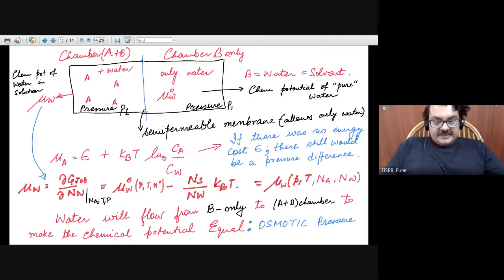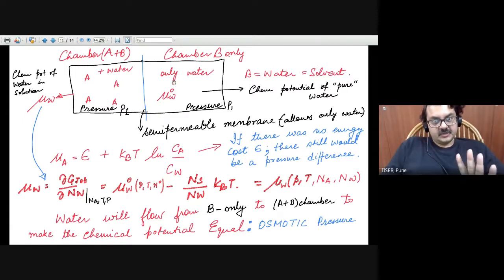So, as a consequence, now if you take a box which has A and water particles, and it is put in contact with the chamber B, which has water particles only, so that its chemical potential is mu_W^0 for water, since it's pure.